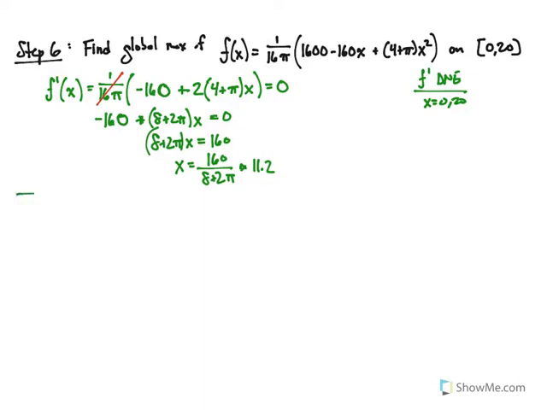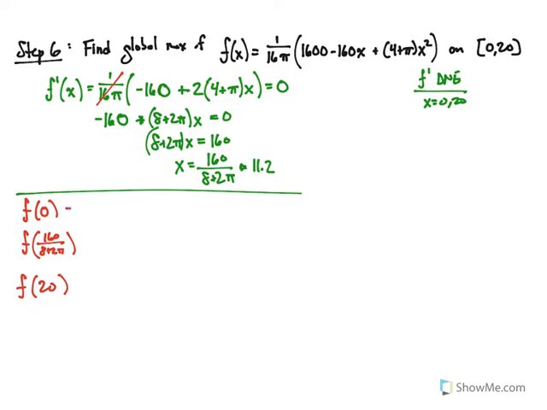All right, so now let's plug in our 3 points. F of 0, f of about 11.2, 160 over 8 plus 2 pi, and f of 20. When we plug in 0, we're going to get 1600 over 16 pi.